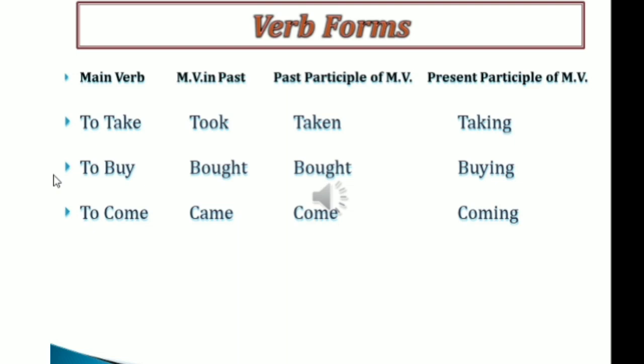And the fourth type of irregular verb, I know everybody knows them very well: cut, cut, cut and cutting. Here all three forms, main verb, past tense and past participle, are the same in spelling and pronunciation, but they have differences in their meanings.